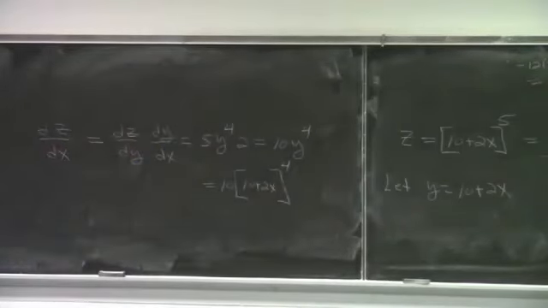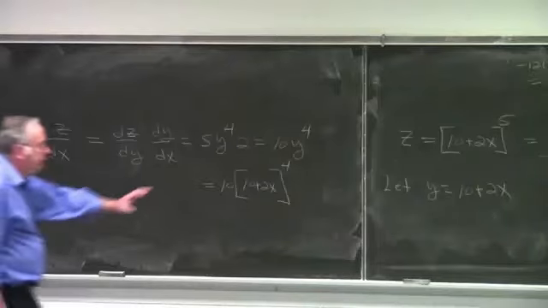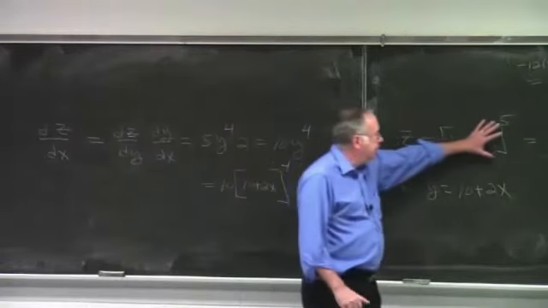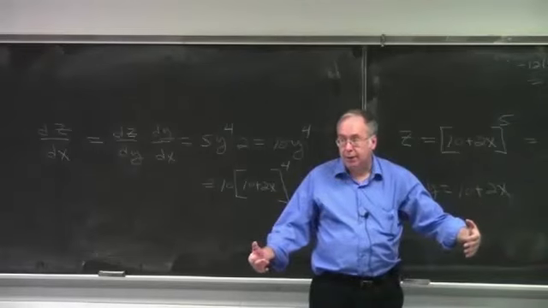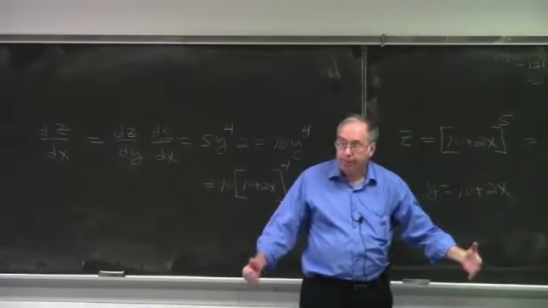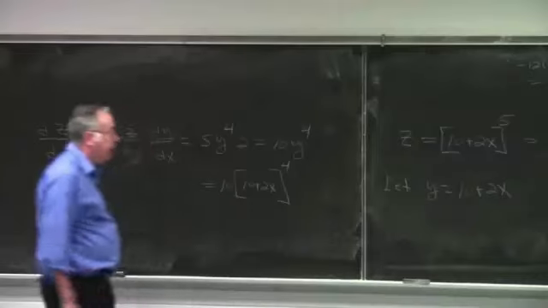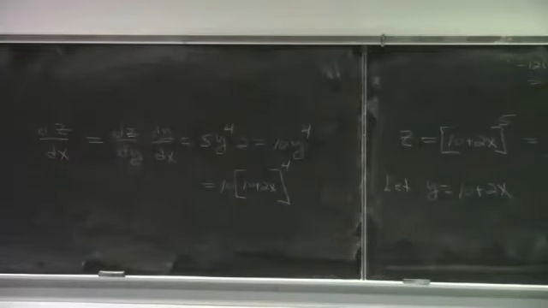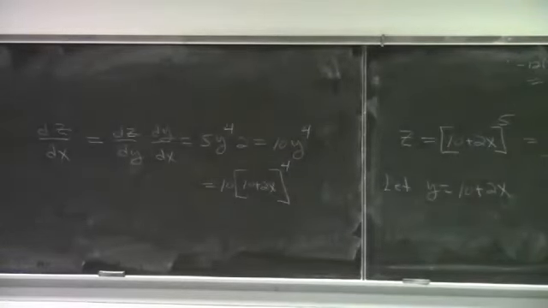This is much quicker than multiplying 10 plus 2x times itself 5 times and then differentiating. Okay. But for those of you who want to check the veracity of the chain rule, you could do that and you would end up with the same answer.